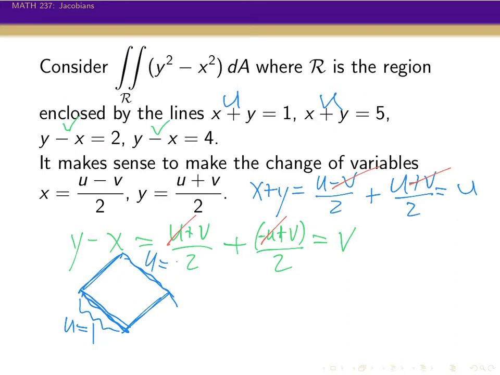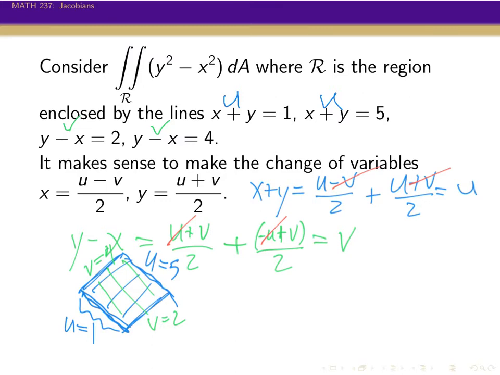The other side is u equals 5. And the other two sides are v equals 2 and v equals 4. And so now in terms of u and v, this is a nice rectangle exactly in the right way that we want. And so these will make the bounds for this really nice.